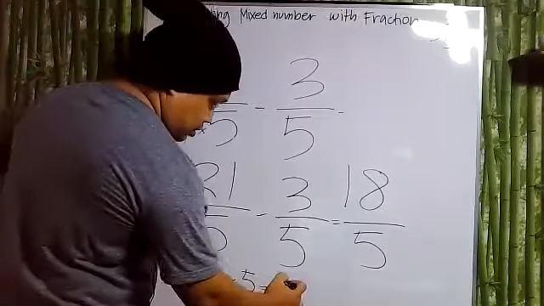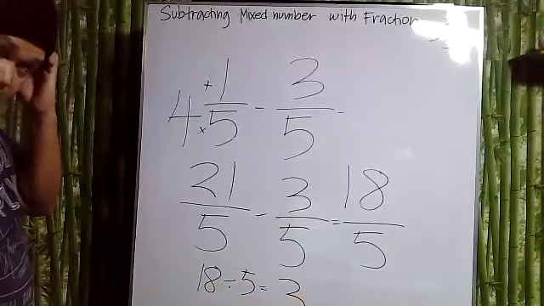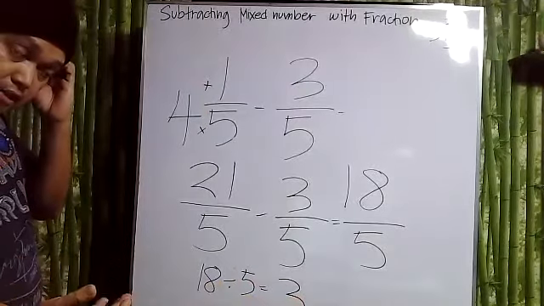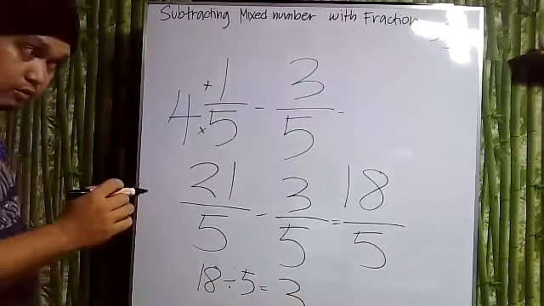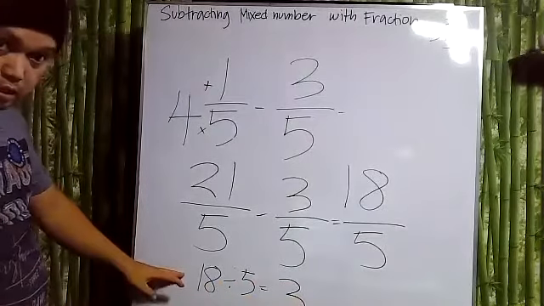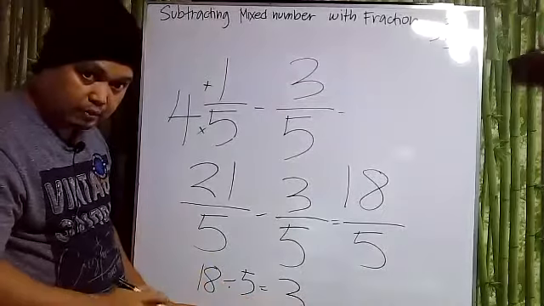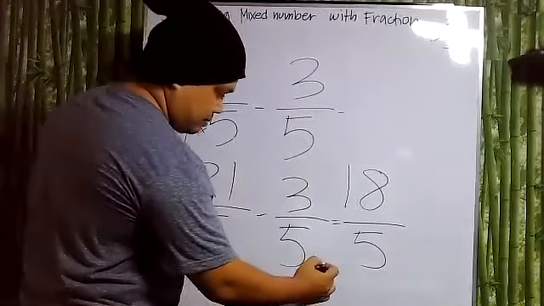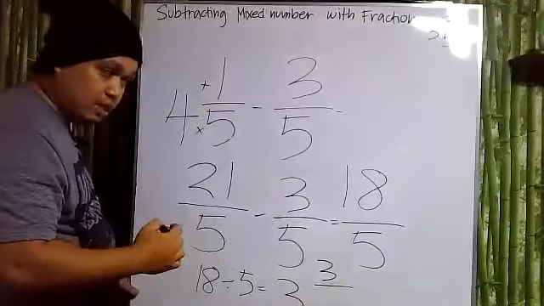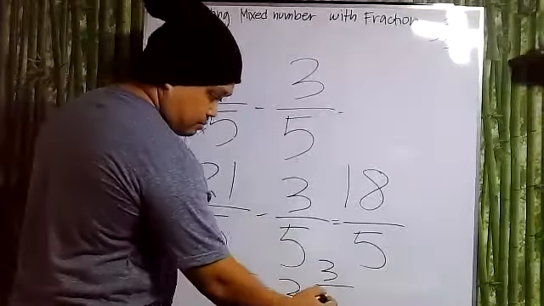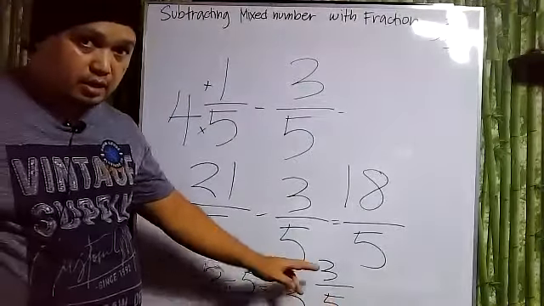Because 3 times 5 is 15. And we have 3 for the remaining number. So there are three 5s in 18, and we have a remainder of 3. And our denominator is 5. So our answer here is 3 and 3/5.